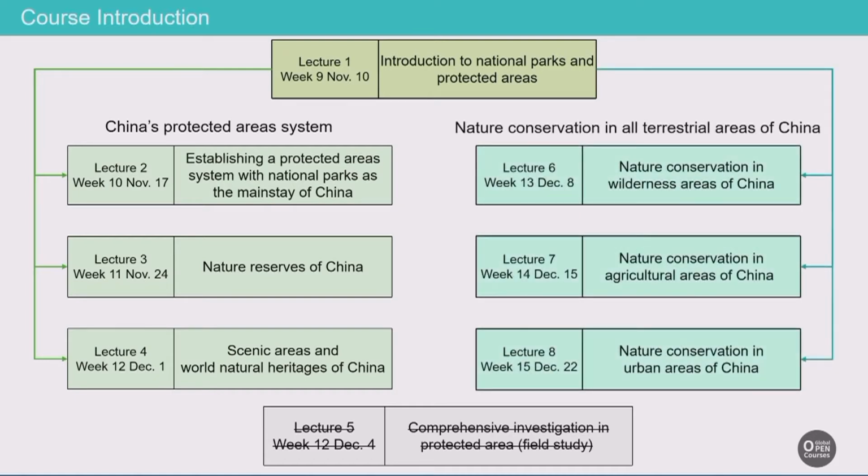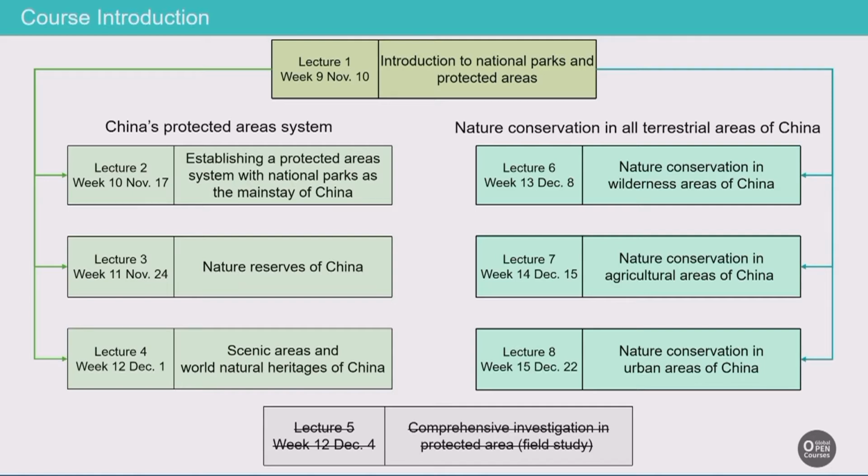And then we have lecture 6 to lecture 8. It's about nature conservation in wilderness areas, agricultural areas, and urban areas. Could you distinguish these 3 areas? What's the difference between them?